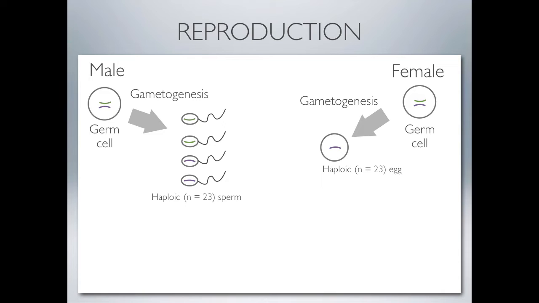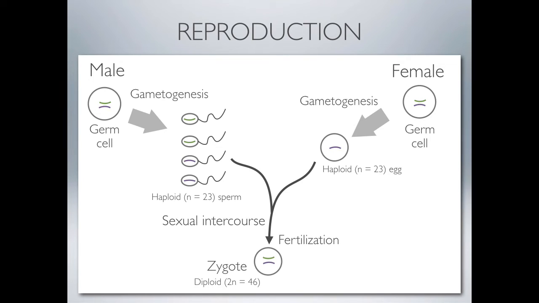And one thing that works in favor of the production of sperm is that for every germ cell, 4 spermatozoa are produced, each one of which has a haploid set of genetic material. So you've got a haploid sperm, you've got a haploid egg. If they can somehow manage through sexual intercourse to unite, then there's the potential to produce a zygote, okay? The zygote being diploid, and therefore having those 2 chromatids, and therefore 46 chromatids in total.